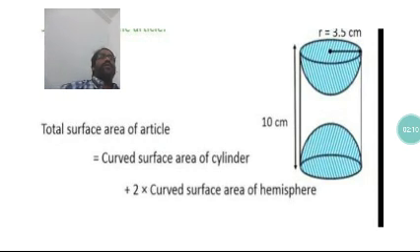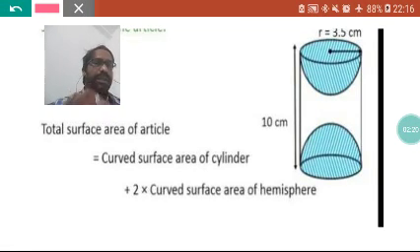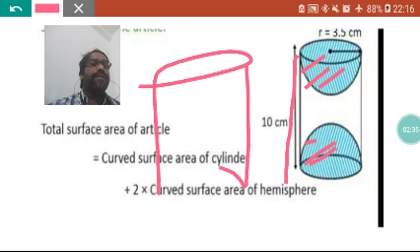When some shapes are scooped out, that is, removed, then what do we need? Suppose in this question, I'll just explain. It is given: find the total surface area of the article if these two shapes are scooped out. Basically this shape is a cylinder.